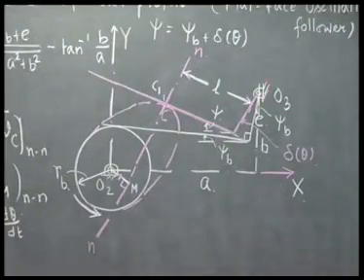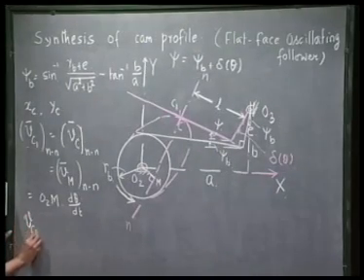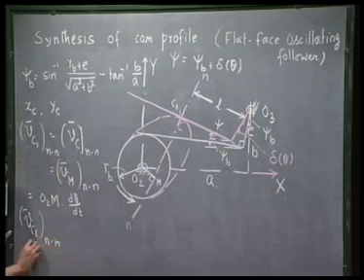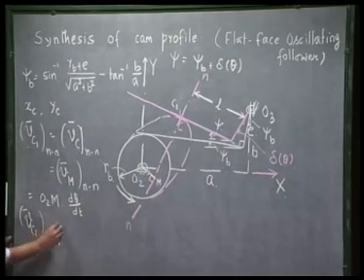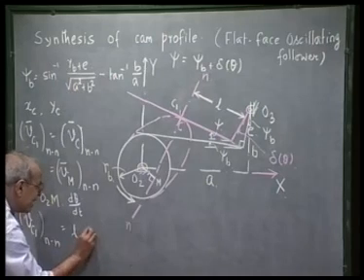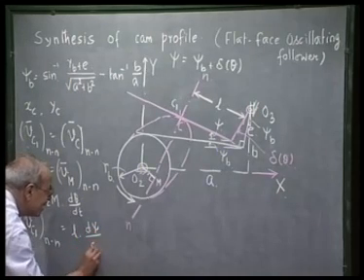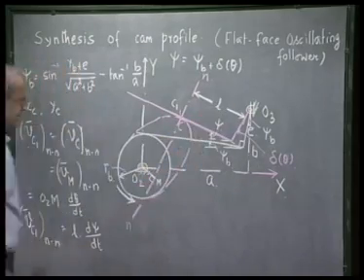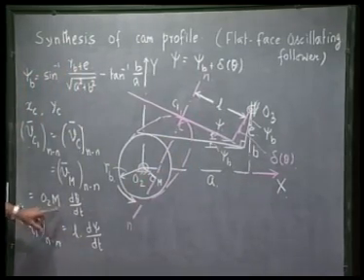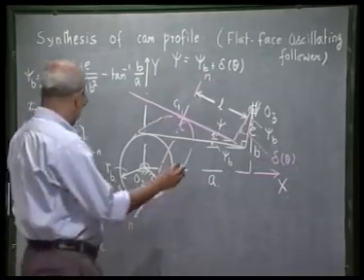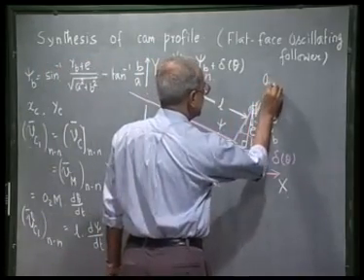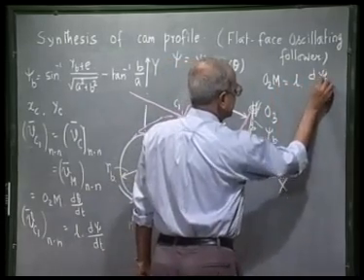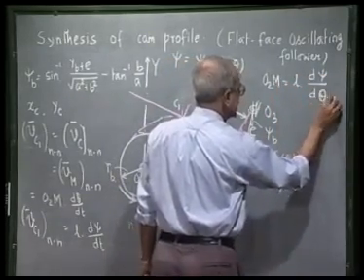So, the velocity of the point C1 along NN, where C1 belongs to the follower surface, is nothing but L into d psi dt, where psi is measured clockwise. And because these two are the same, I can immediately write O2M is nothing but L into d psi d theta.